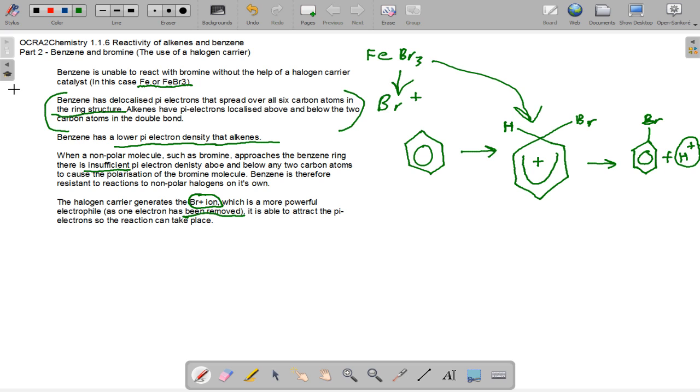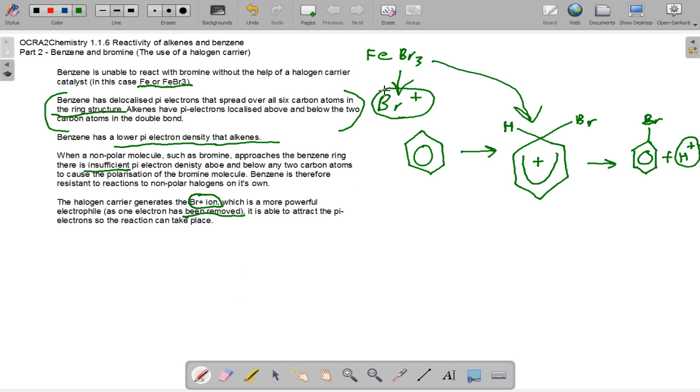So that's it, really, about the reactivity of alkenes and benzene. If you want to flick back and play through it again, there's not really much to go through in this section other than to appreciate that benzene requires a more powerful electrophile, whereas alkenes only require the halogens themselves.